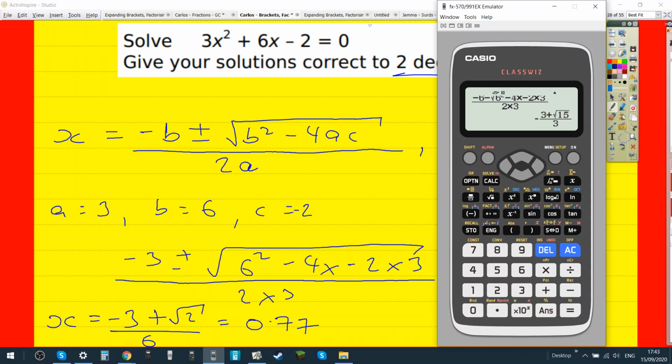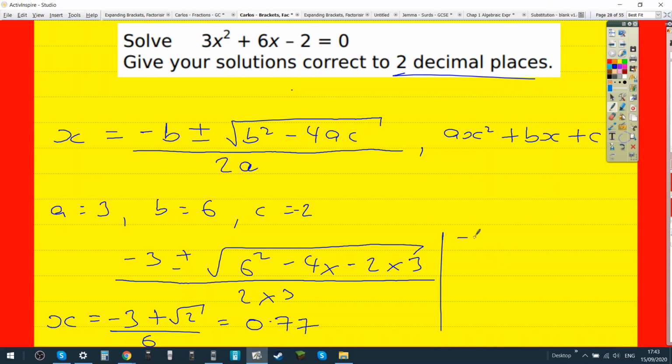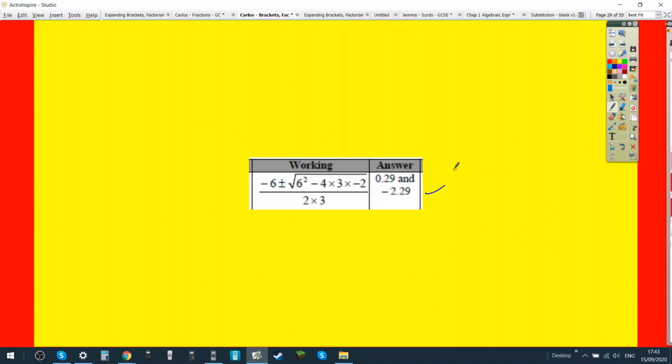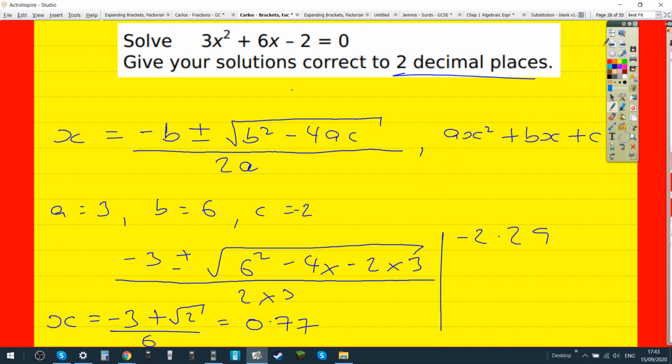It is minus 2.29. So minus 2.29. And let's check. So minus 2.29 and 0.29. Well done. Yep, so it's just that formula. You sub in your values. Any questions about that? No.